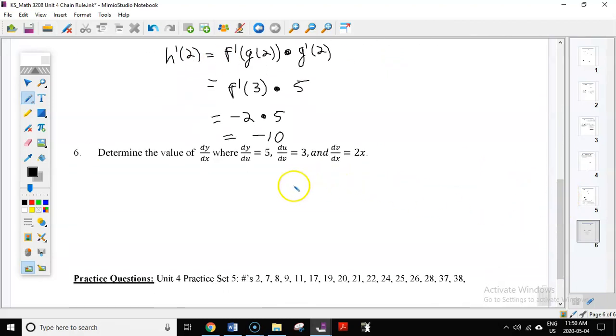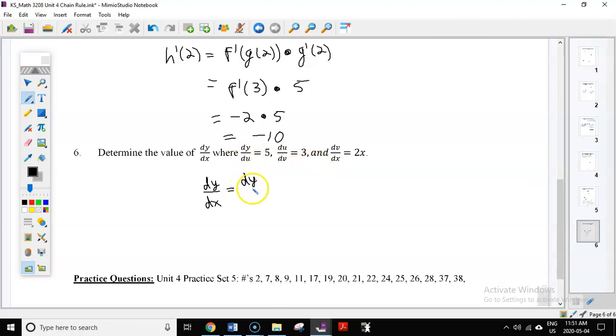Next one, similarly. The whole point of Leibniz is to take how fractions work and apply it to a derivative notation. For example, here's what I mean. dy dx. So I got to make a chain of derivatives from y to x, basically. So the one, dy has to be on top.